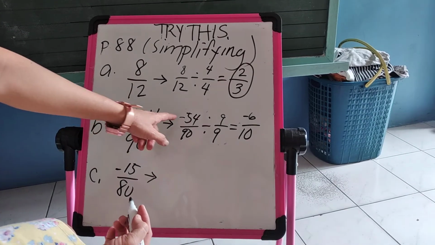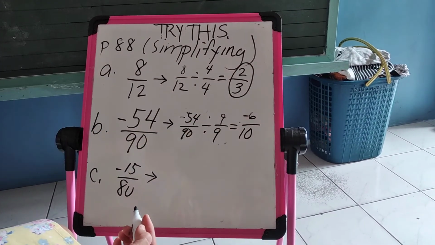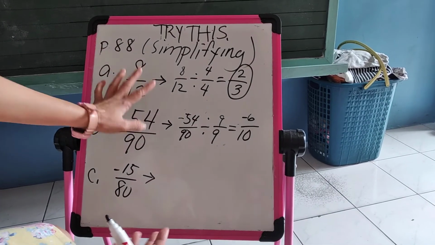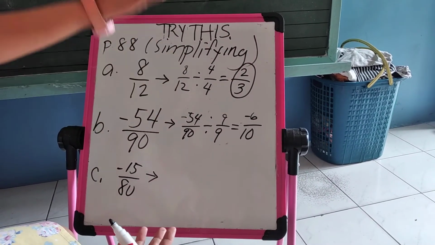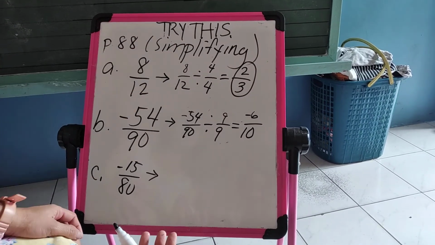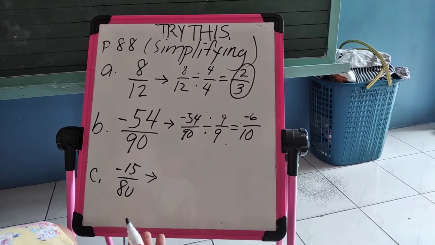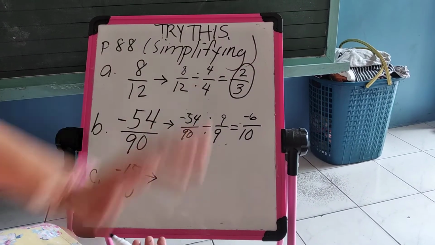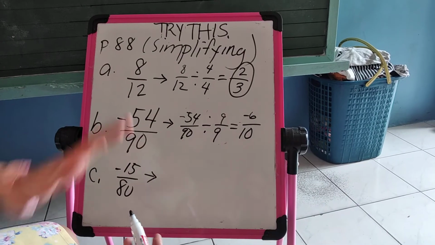So let's divide again. Remember what I told you a while ago, it's okay if you started with a small number, because anyway, if your final answer is still not in its simplest form, you have to divide it again, or simplify it again, I mean.